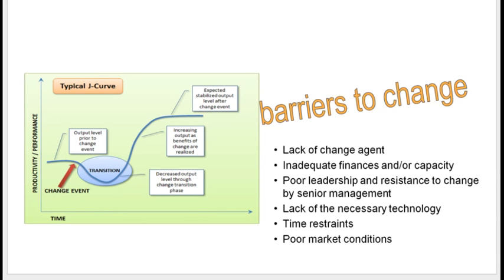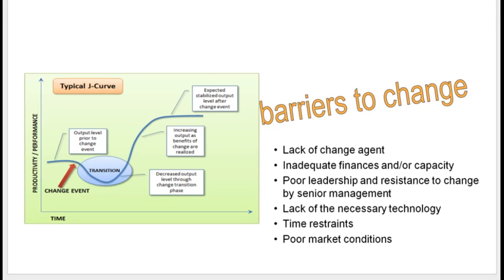So having a change agent, having adequate finances and capacity for the change, and giving time for the change to take place is a good depiction of looking at how performance and productivity is influenced over time when you're implementing a new change to a process or an organization.